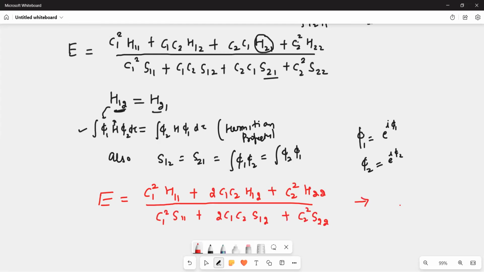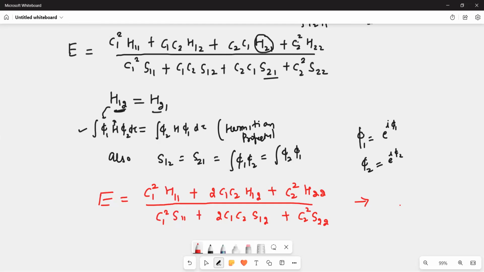So in variation principle, we have completed two steps. First step was to choose the trial wave function, which we have done. Second was to solve the integral, which also we have done. Now you can see in the energy expression, we have two parameters C1 and C2, which will be optimized to get the minimum value of energy.